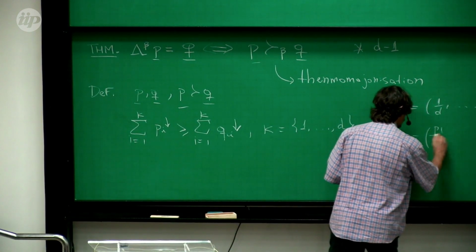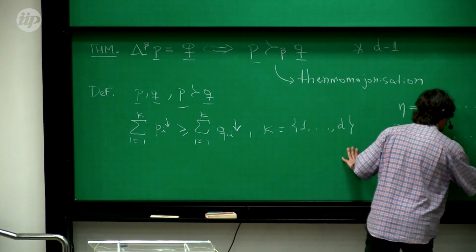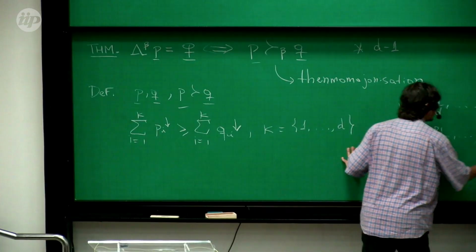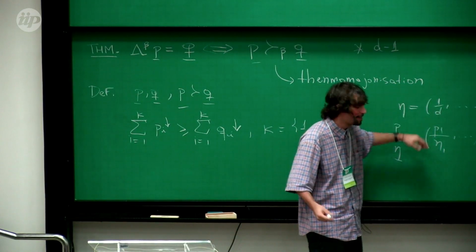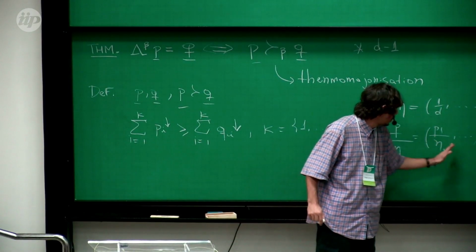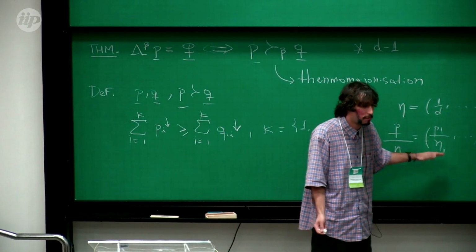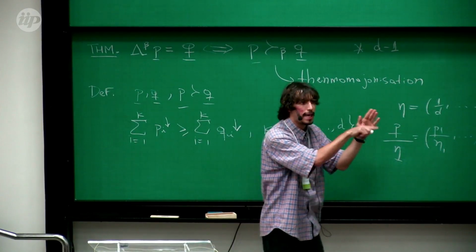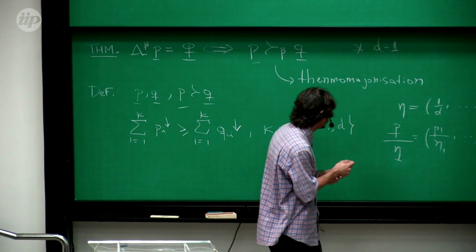So P1 over eta 1, PD over eta D. And then we order this vector in non-increasing order. But then, again, this is just like a renormalization, right? Because all the etas are precisely the same. It's 1 over D, so I'm just renormalizing stuff. So it is precisely this K that appears in the x-axis of the majorization curve that I showed yesterday.